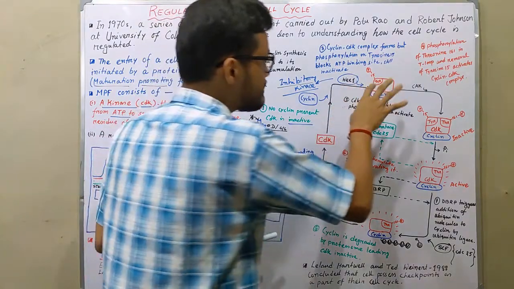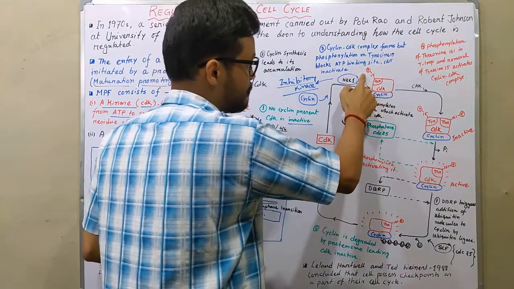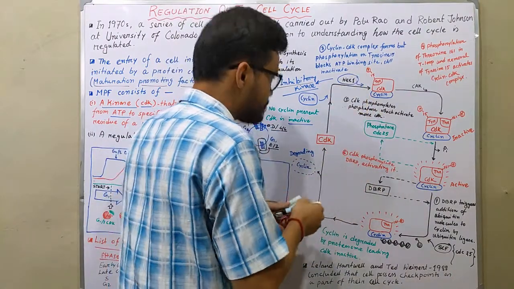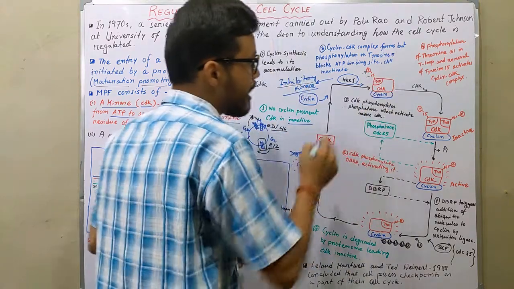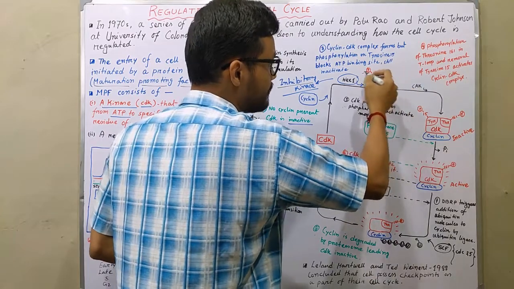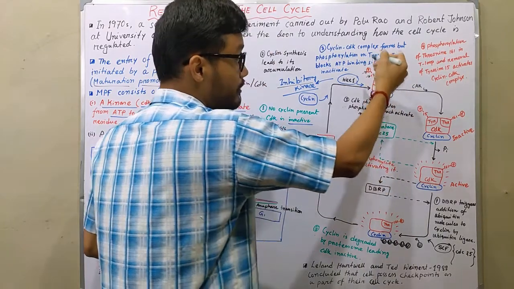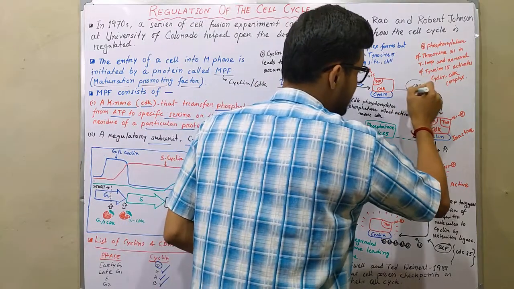Okay, so in this case in CDK, the tyrosine 15 residue is phosphorylated. Here you clearly observe that the tyrosine 15 residue is now phosphorylated, and we have a cyclin CDK complex with tyrosine 15 phosphorylated. The second thing is that CAK is there.